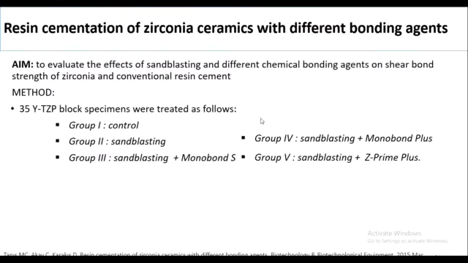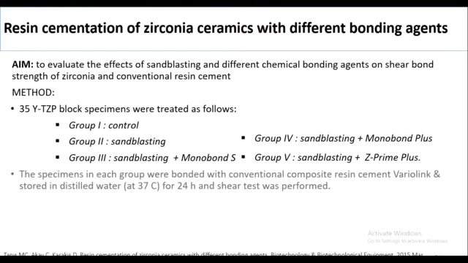Now there was a study done to check the resin cementation of zirconia ceramics with different bonding agents. The aim was to evaluate the effect of sandblasting and different chemical bonding agents on the shear bond strength. In the method, group 1 was the control, group 2 was sandblasting, group 3 was sandblasting plus Monobond S, group 4 was sandblasting plus Monobond Plus, and group 5 was sandblasting plus Z-Prime Plus.